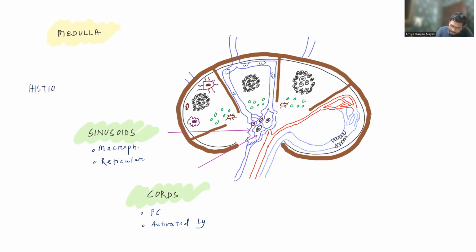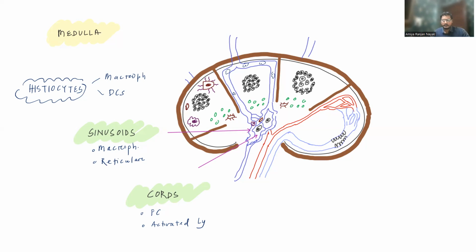Actually, histiocytes is a broad term which includes macrophages, dendritic cells and various similar types of cells. But most of the time when we say histiocytes, we refer to macrophages. This is just another name for macrophages. But broadly, histiocytes is the name for macrophages, dendritic cells, and similar antigen presenting cells.